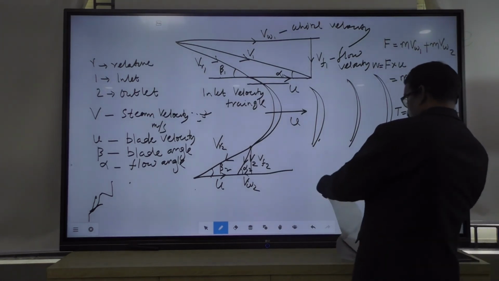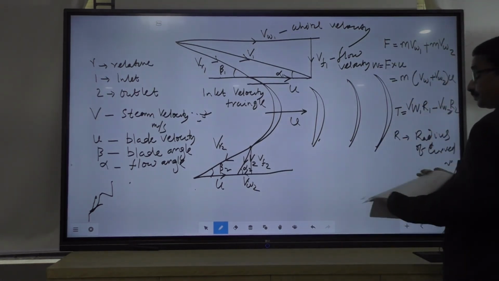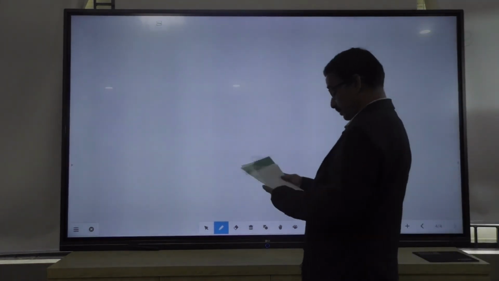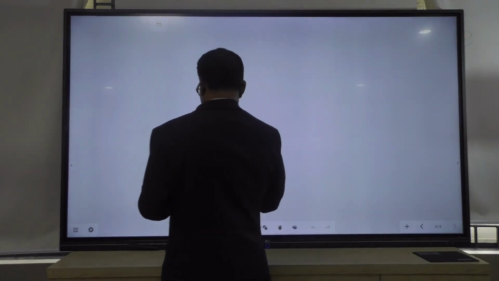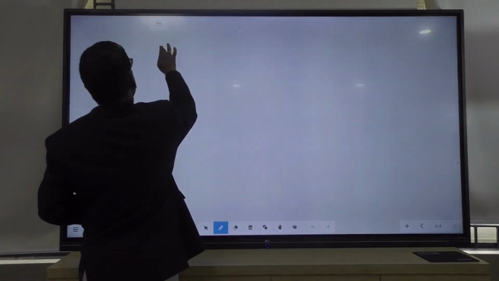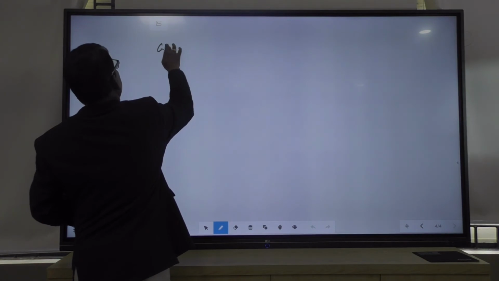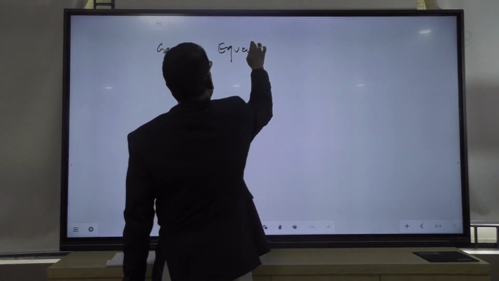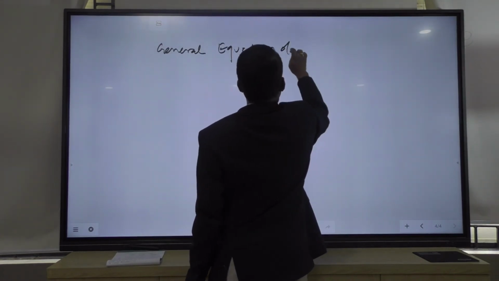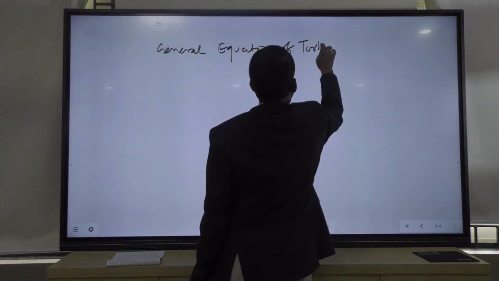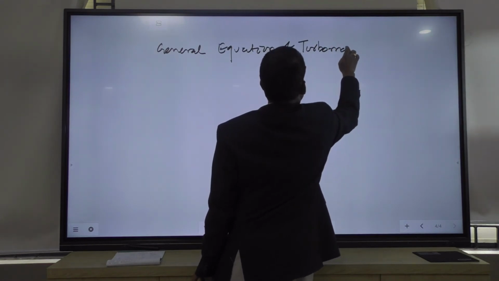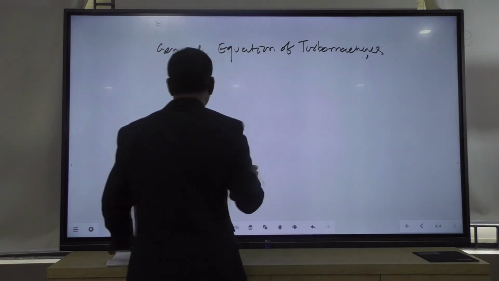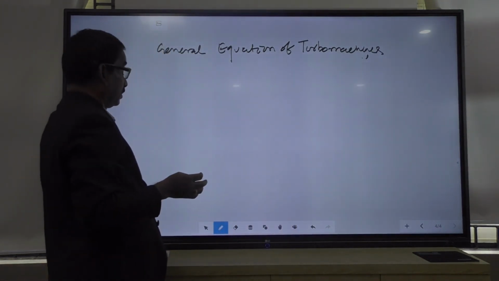Another mathematical formula, the last one, is a general equation of all turbo machines, that means where only rotational motion takes place, no reciprocating.